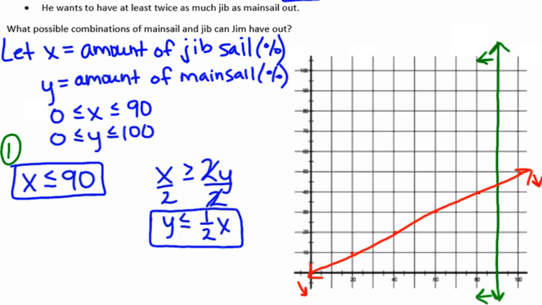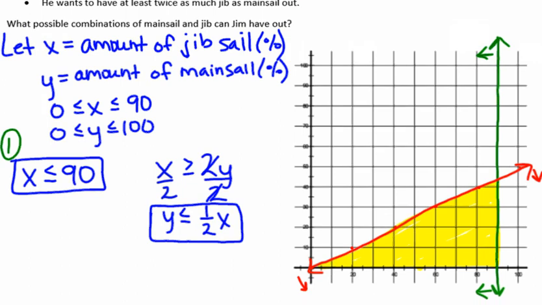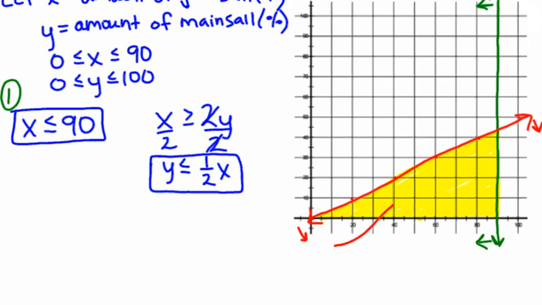So my overlapped area exists right here. All possible combinations for this answer need to come out of that yellow shaded area. All possible combinations are in here.